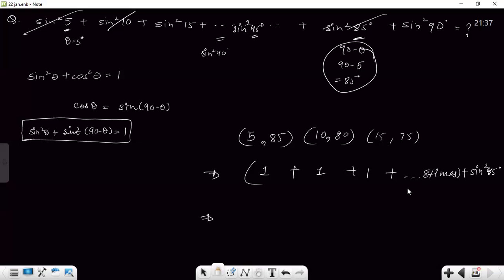So 1 into 8, 8, plus sine square of 45. Sine 45 degrees is 1 by root 2. Its square is half. So 8 plus half, which is 8.5, which is 17 by 2, which is our answer.